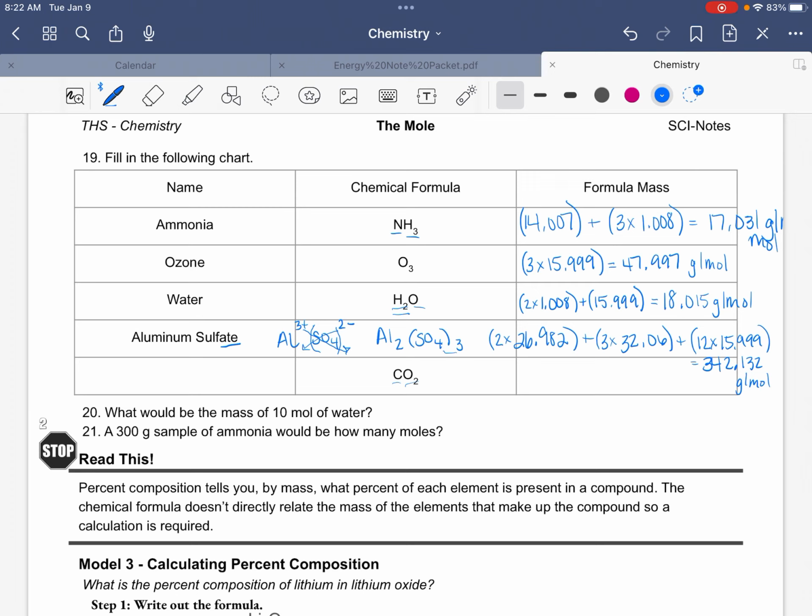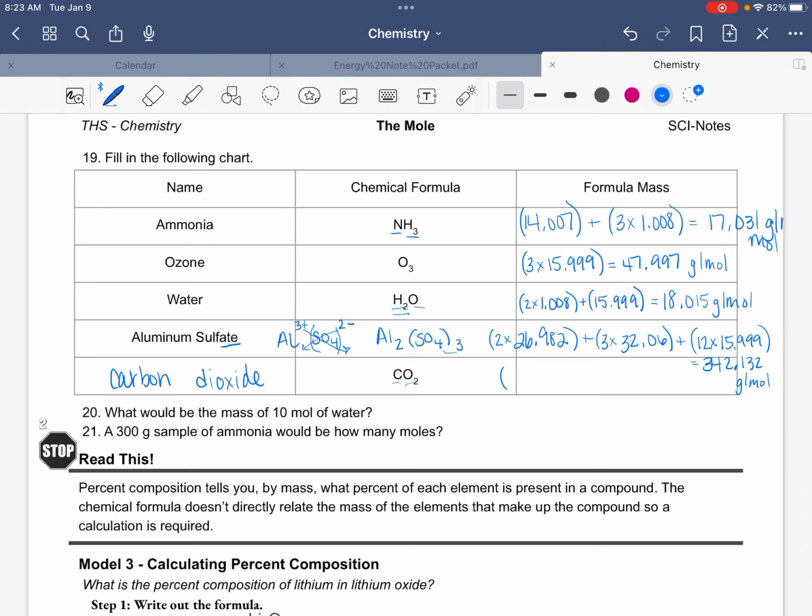We only have one carbon, and if we only have one, we just list the name of the element; we don't put the prefix mono. So we're going to have carbon. The second term always has to have a prefix. Here I have two oxygens, so I'm going to have di, and then I end in -ide, so dioxide. So this is carbon dioxide.